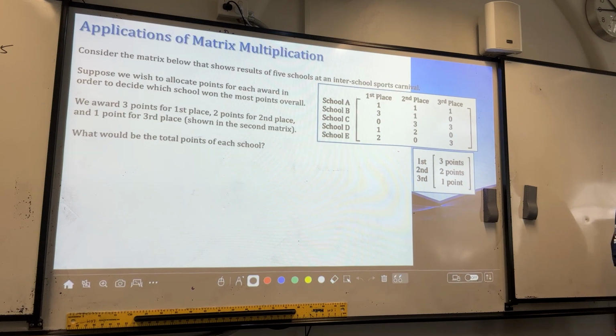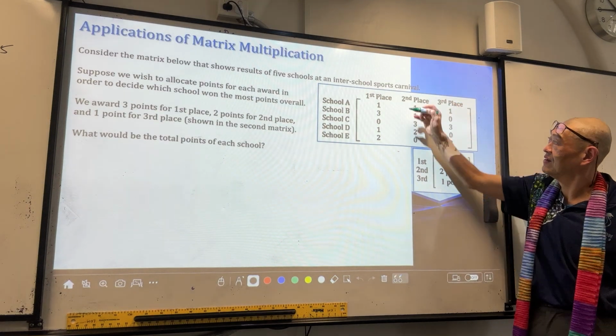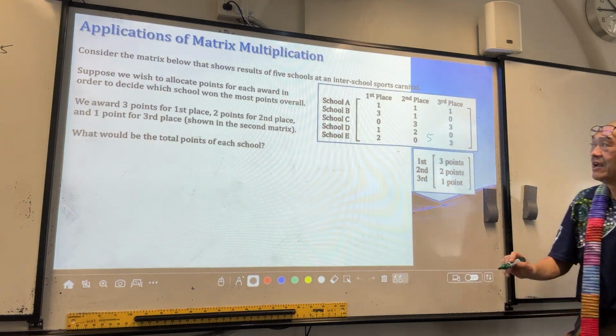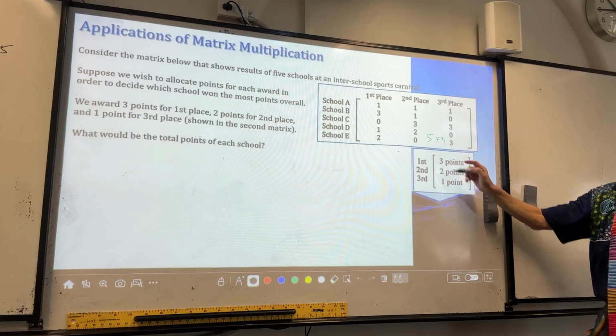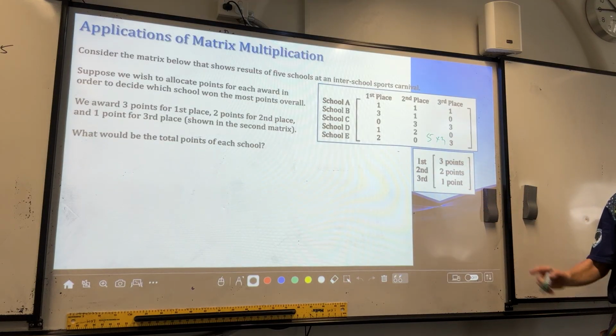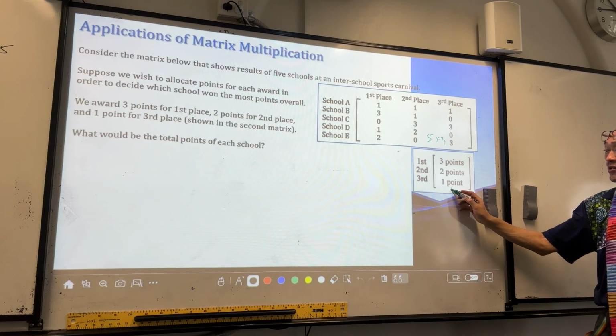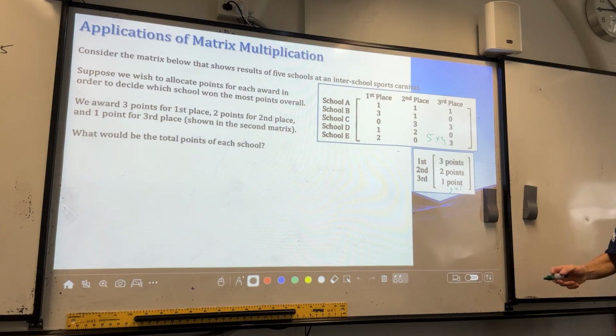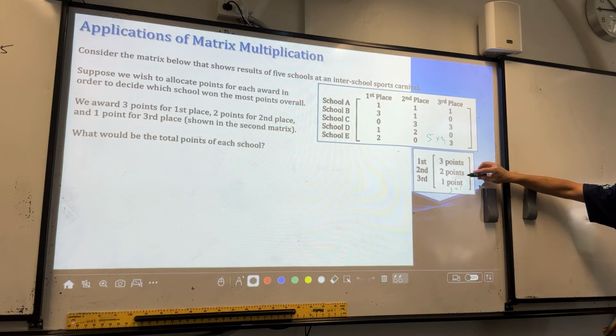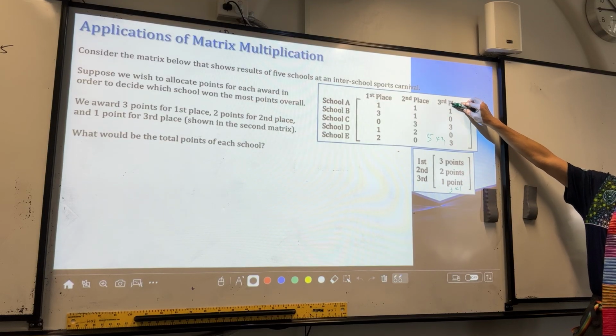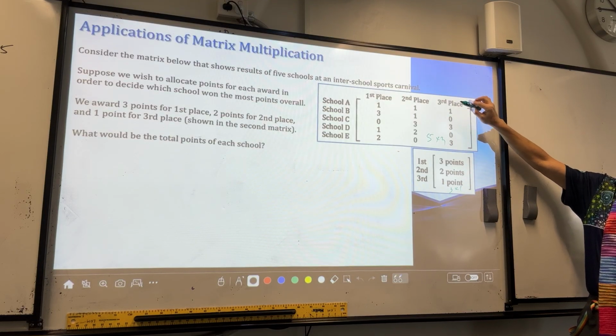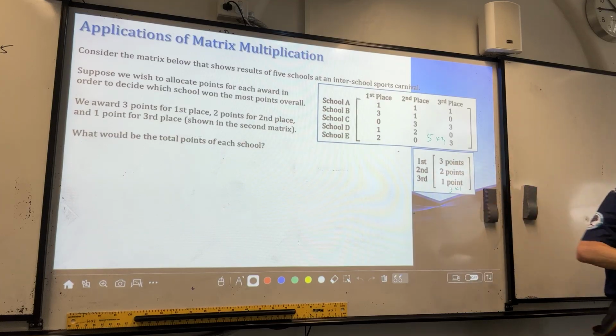How many rows? 5. And how many columns? 3. What about this? 3 rows and 1 column. Now, obviously, you cannot use this to pre-multiply by that, right? But you can use this and then post-multiply by the points, and you can write it out that way.